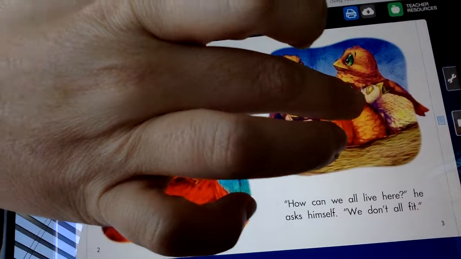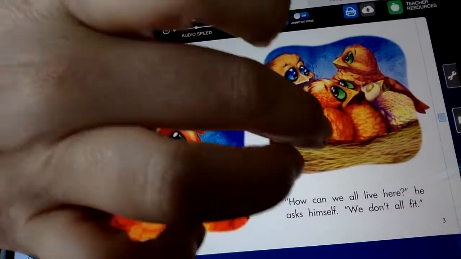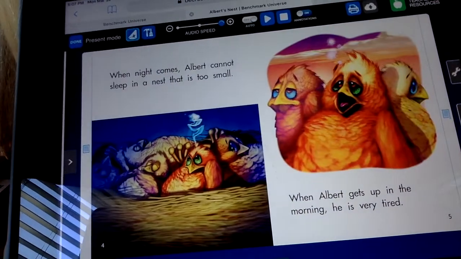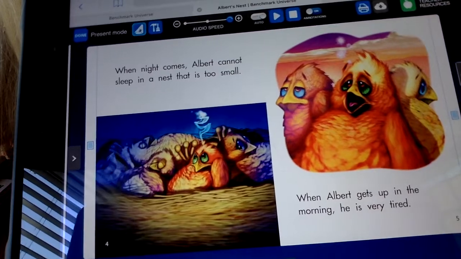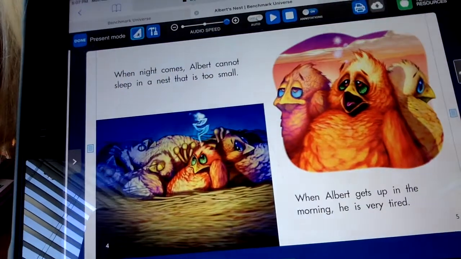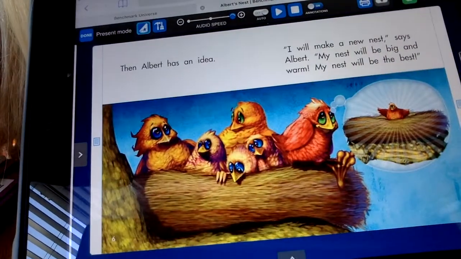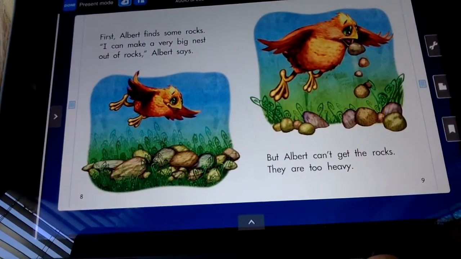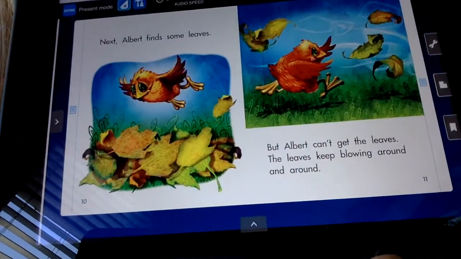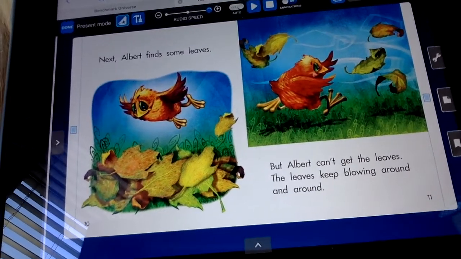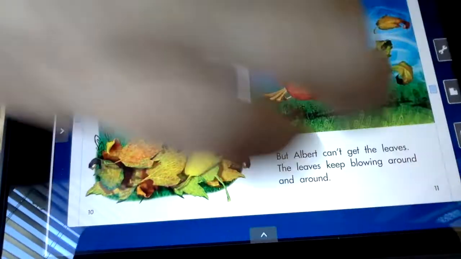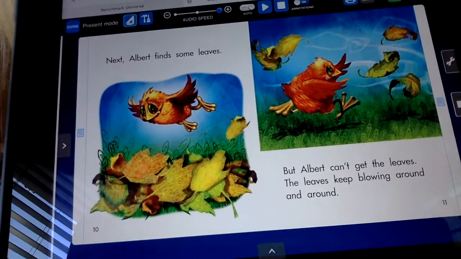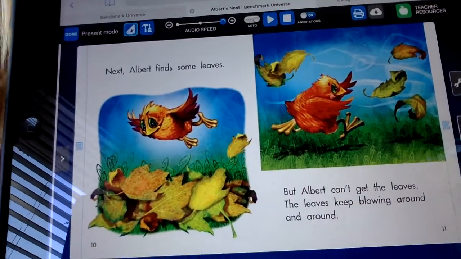First, I wonder if his ideas are working. Do you think Albert's ideas are working?